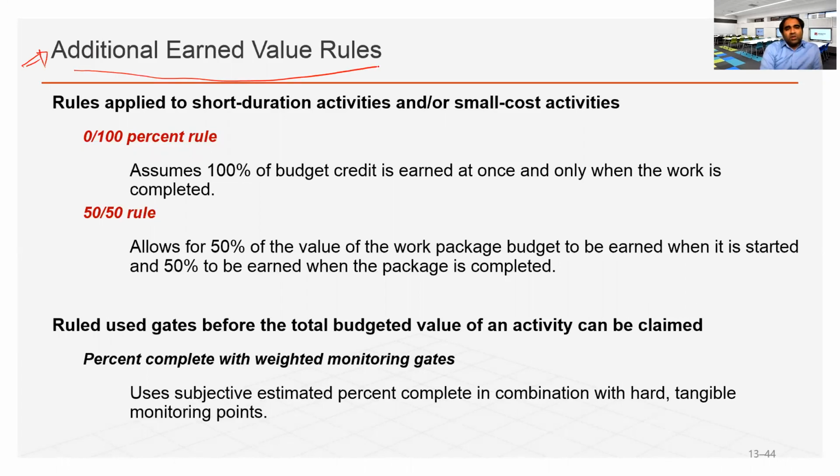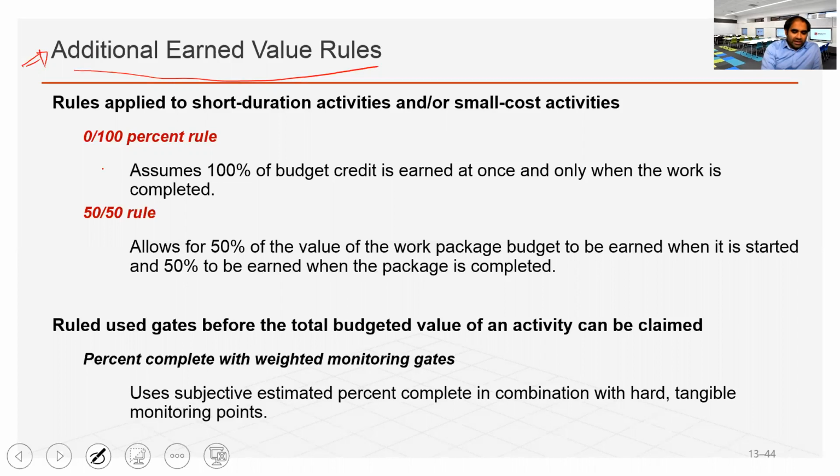A rough estimate. If we don't want to follow the percent complete rule, for every work package, what we did was take the percentage of the work package completed multiplied by the planned value PV, which gave us the earned value. We have two additional rules here.